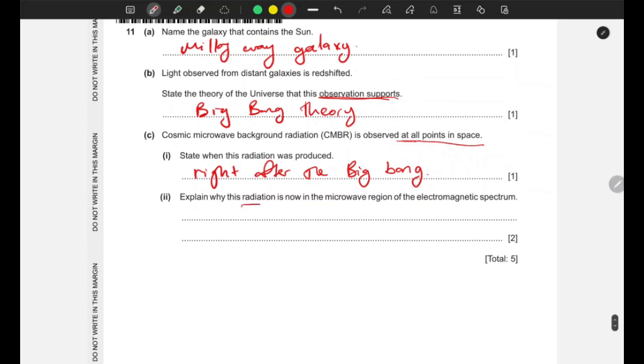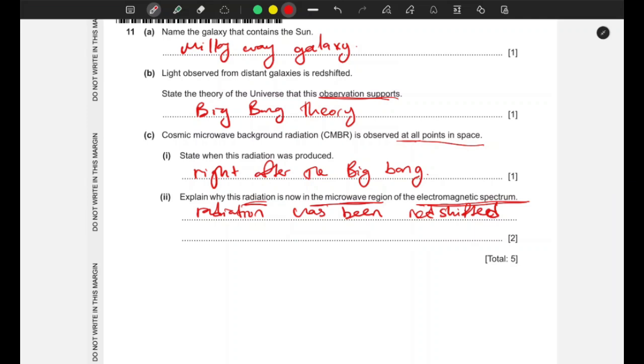Explain why this radiation is now in the microwave region of the electromagnetic spectrum. This is the same thing we were talking about earlier. The radiation has been redshifted. Redshifted basically means the wavelength increases.